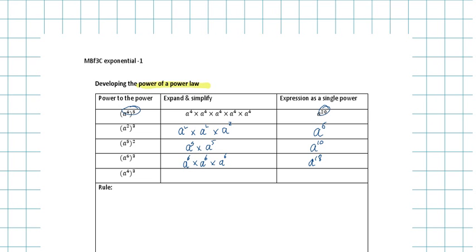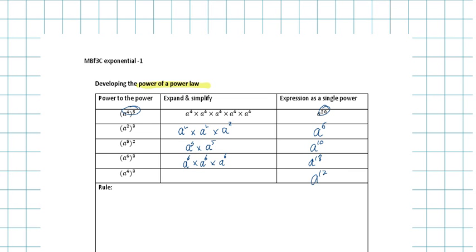So the last one, a to the power of 4 to the power of 3, is a^12, because if you multiply 4 times 3, you get 12. Okay? So the formula for the power to the power is you multiply your exponents.